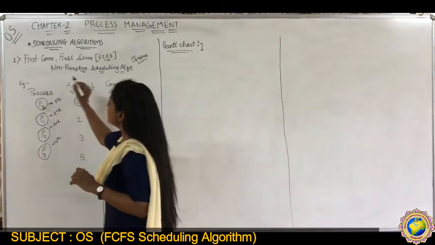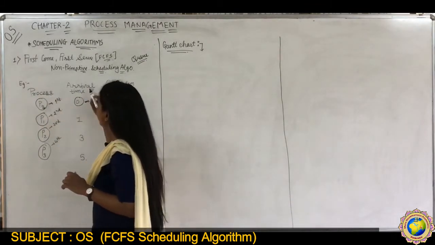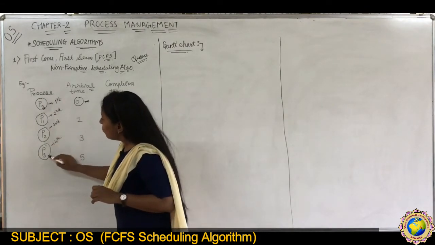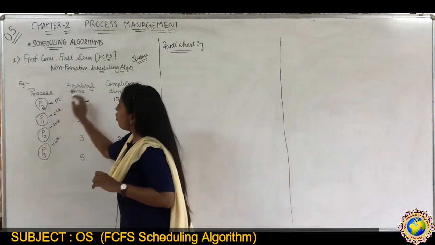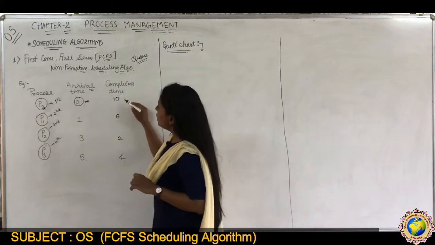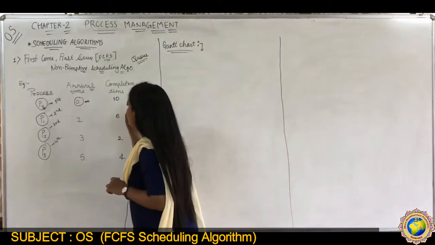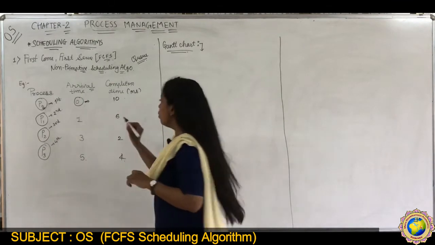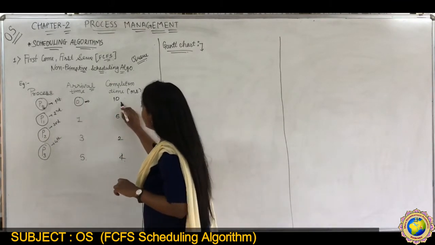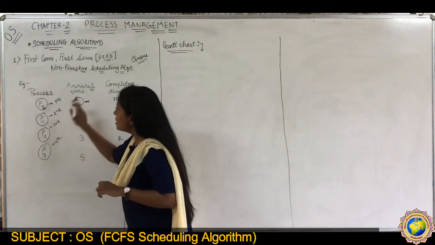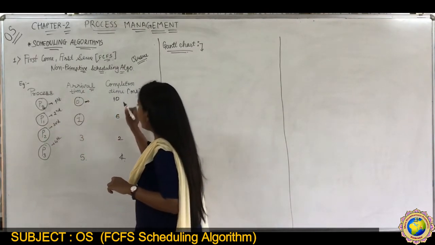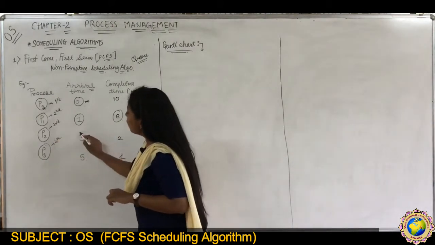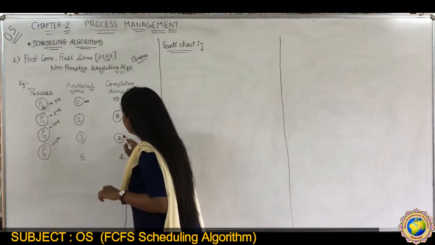Now consider this example. Process, arrival time and completion time are given. P0, P1, P2 and P3 are there. P0 has arrival time 0 and completion time 10. P1 has arrival time 1 and completion time 6. P2 has arrival time 3 and completion time 2.